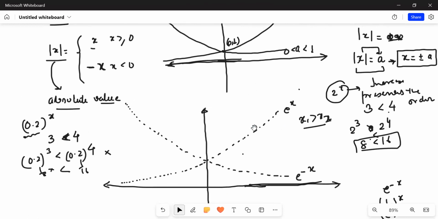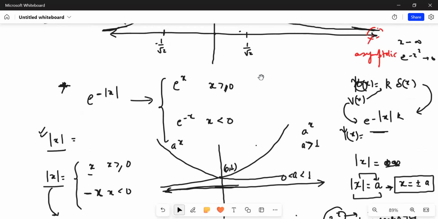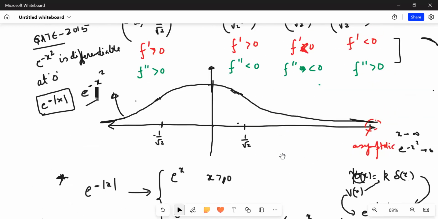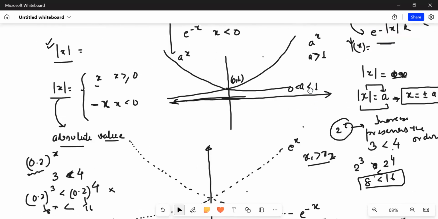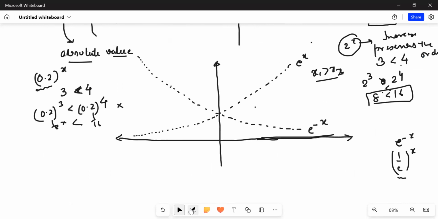Okay, now just come back to the problem. What was the problem? The problem was plotting the graph of e to the power minus mod x. So what was suggested is that only for x greater than or equal to 0, just plot the graph of e to the power minus x, and forget about the other part.